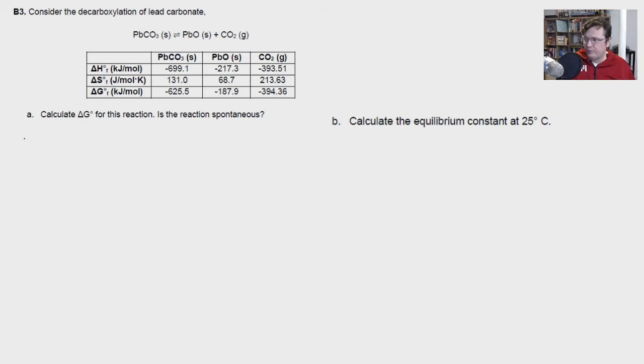So if we go through, we have delta G. Using Hess's law, we first add up the delta G formations for both of the products.